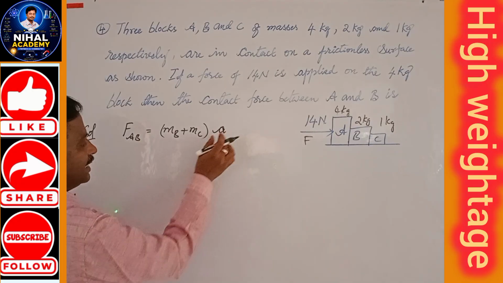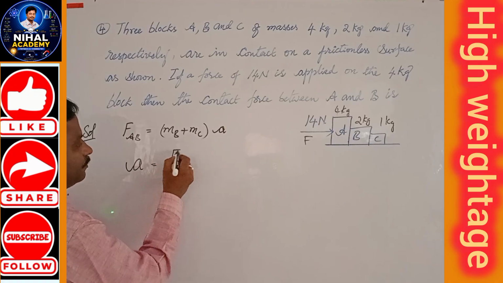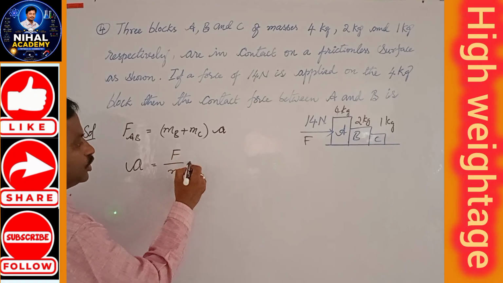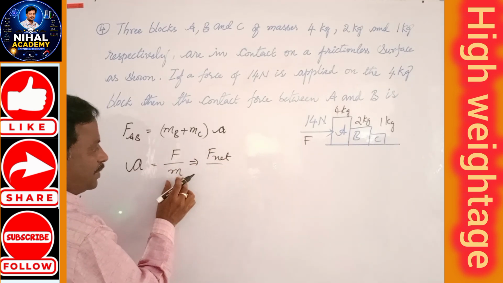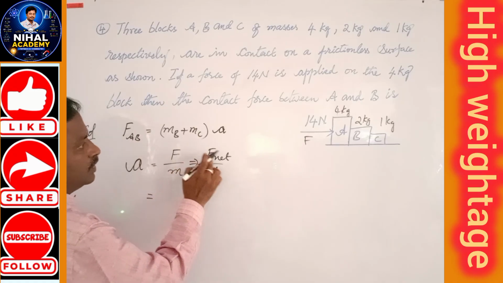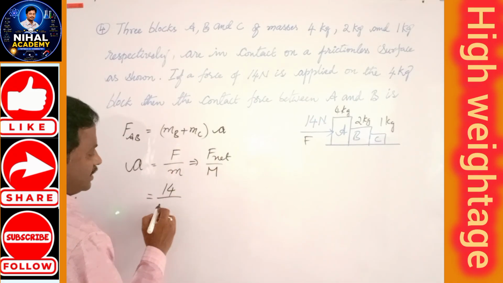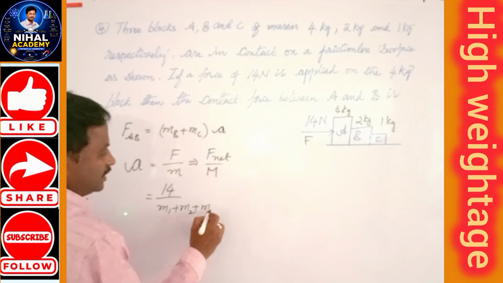So here we have to calculate the acceleration. So acceleration a is equal to F by M. So what is this F? F is total force, that is net force, F net, by total mass, that is capital M. So net force is equal to 14 newtons by mass, that is M1 plus M2 plus M3.